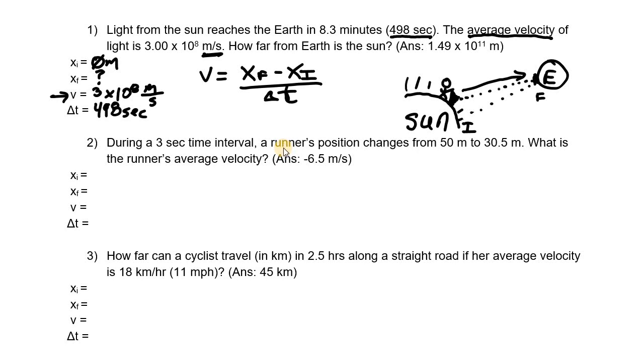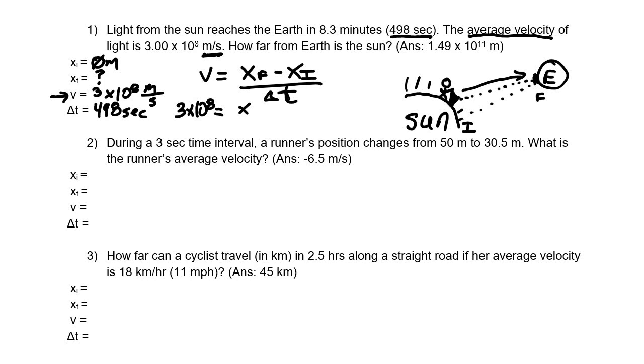So we just simply plug in our variables. We have xf, which is the variable that we're trying to solve. So we have 3 times 10 to the 8th, and I'm just going to exclude our units. Your teacher might say, hey, I don't want you to exclude the units when you're plugging into the equation.